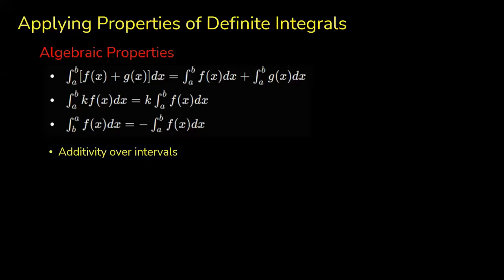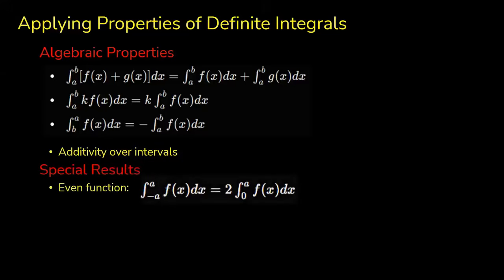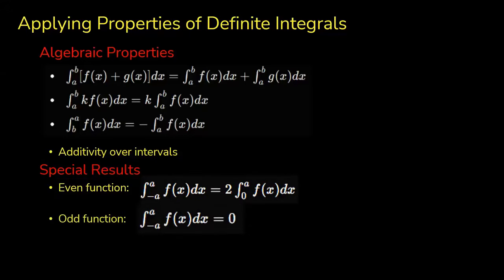Also, you need to understand the concept of additivity over adjacent integrals. You also need to recognize symmetry. For example, if f is even, the integral from negative a to a is equal to twice the integral from 0 to a. If the function's odd, the integral from negative a to a is 0. Knowing these properties can save you a ton of time on the exam.